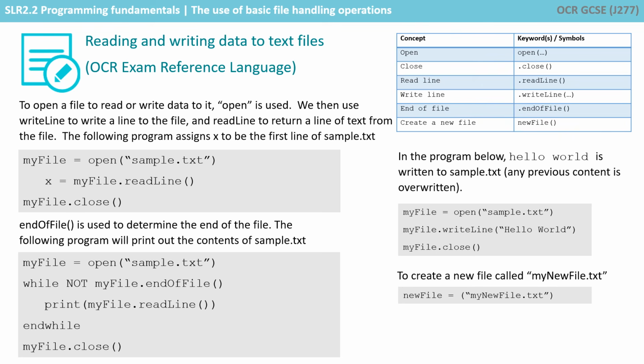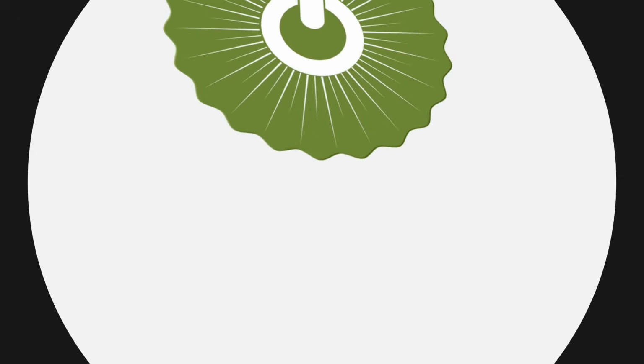In the exam, using the OCR exam reference language, they will just say open and then supply the name of the text file. So their open command can be used to either read or write to the file. But as I said, whichever method you use, it will be fine for the purpose of your exams.